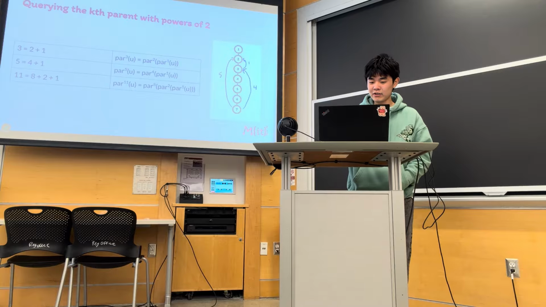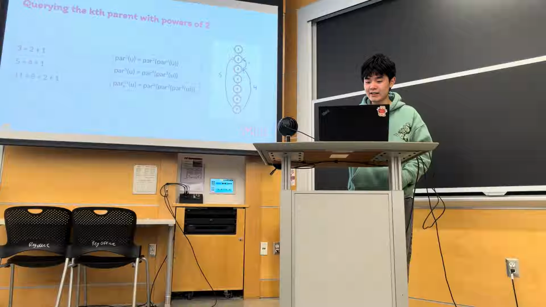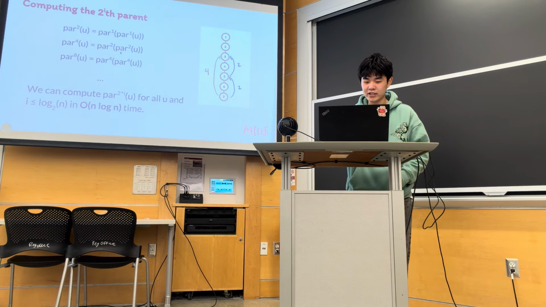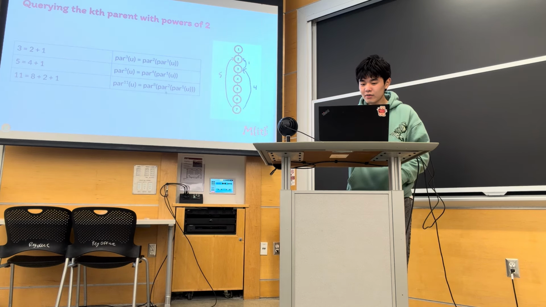And the fifth parent of u is the same as finding the first parent of u and then finding the fourth parent of that. And the 11th parent is finding the first parent of u, finding the second parent of that, and then finding the 8th parent of that. And remember that we're given all of these parents because we've pre-computed them. So each of these parent jumps takes O of 1.